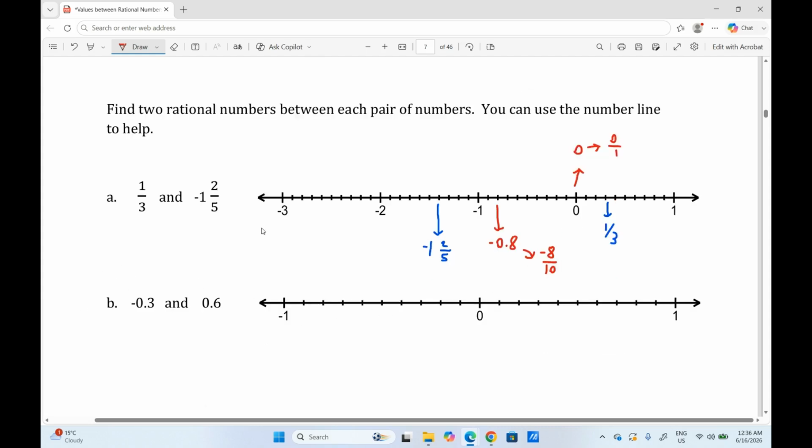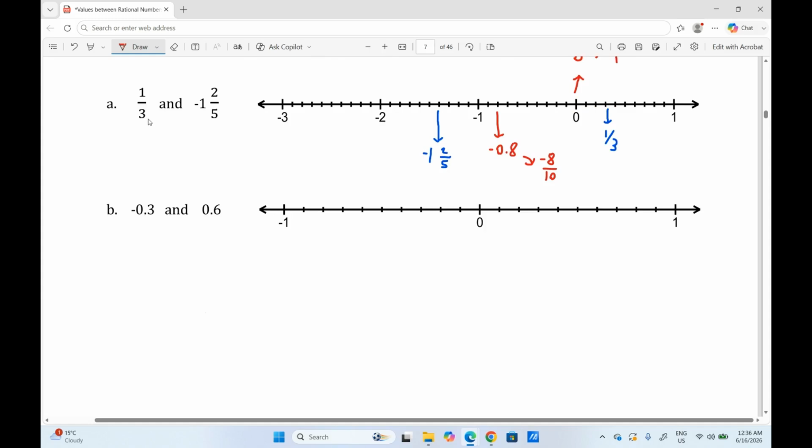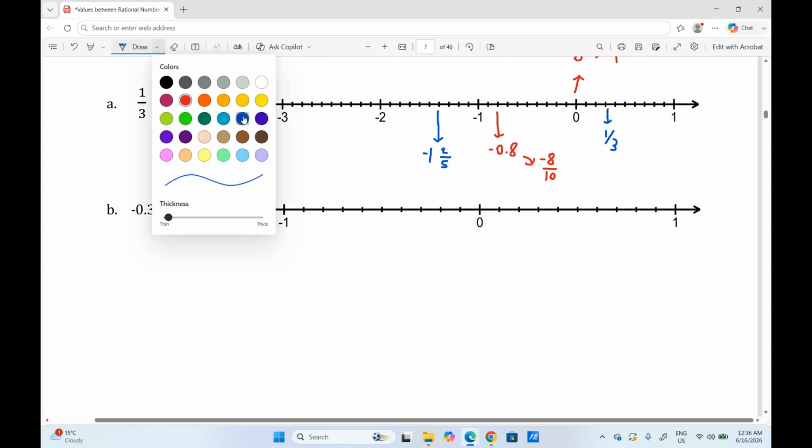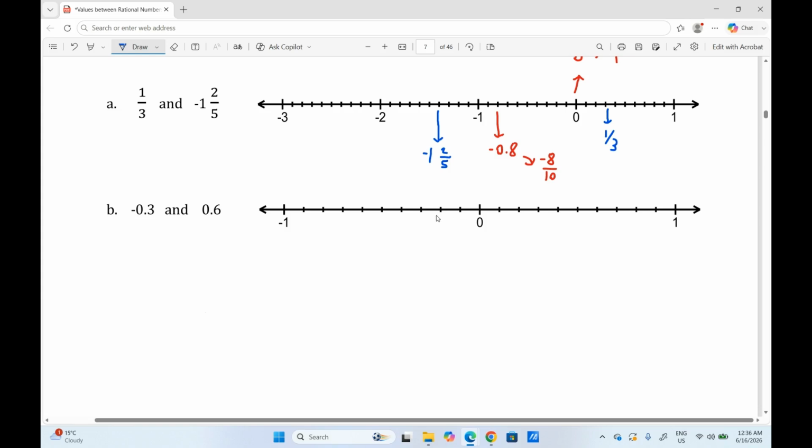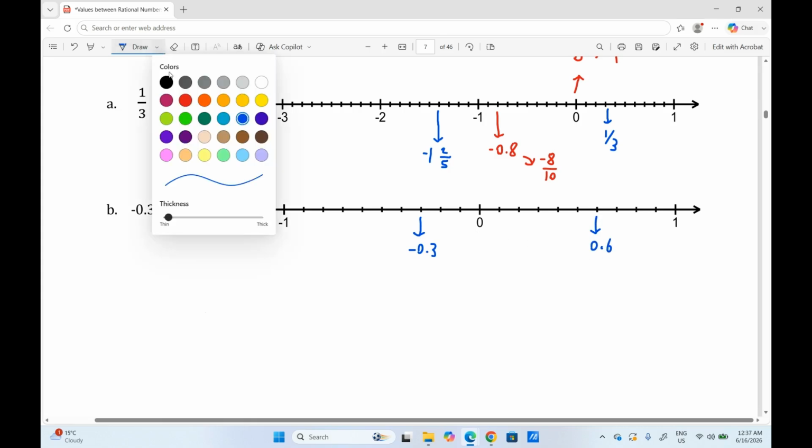Okay, for B, I have negative 0.3, which would be 1, 2, 3 over here. So I got negative 0.3, and I got 0.6, which is positive. So 1, 2, 3, 4, 5, 6, 0.6. So let's pick two rational numbers that are between them.